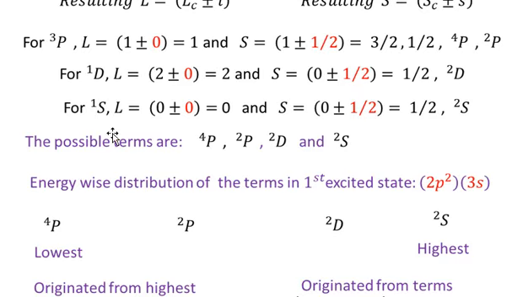And the final term is 1S, and the corresponding term is 2S, so I have used 2S. So you see that I have arranged the terms from lowest to highest energy from left to right. Energy-wise the distribution is 4P, 2P, 2D and 2S.